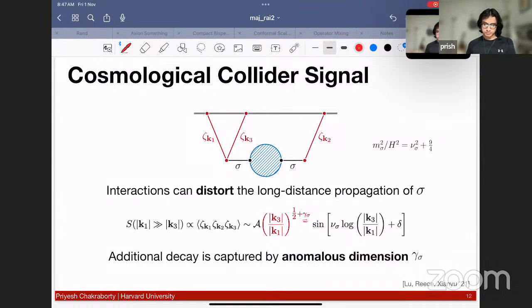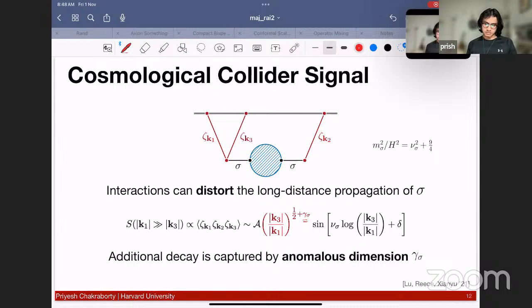Essentially, if it couples to other stuff during inflation, even if it's a self-interacting particle, you give it some decay channel, you can infer its existence through a measurement of the decay exponent. And if you find that it differs from 1/2, then it decays.